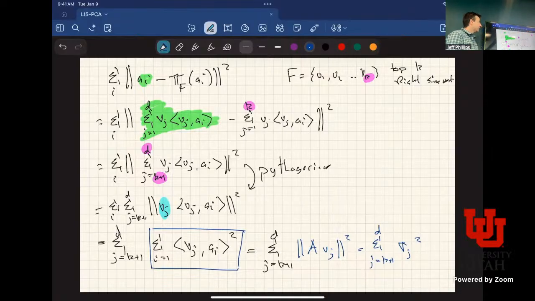Okay, these singular values, how they're constructed, one way of constructing them is you pick the first singular value as the direction that captures the most variation, and then I factor that out, I find the next one which is orthogonal to it.